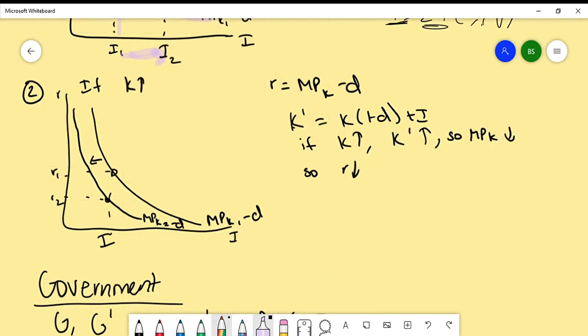Number two, if K were to increase, we know that MPK would decrease. Oh, what the hell? What I don't get is that this MPK is our current marginal product of capital. So why doesn't it just go from K increases to current MPK increases?